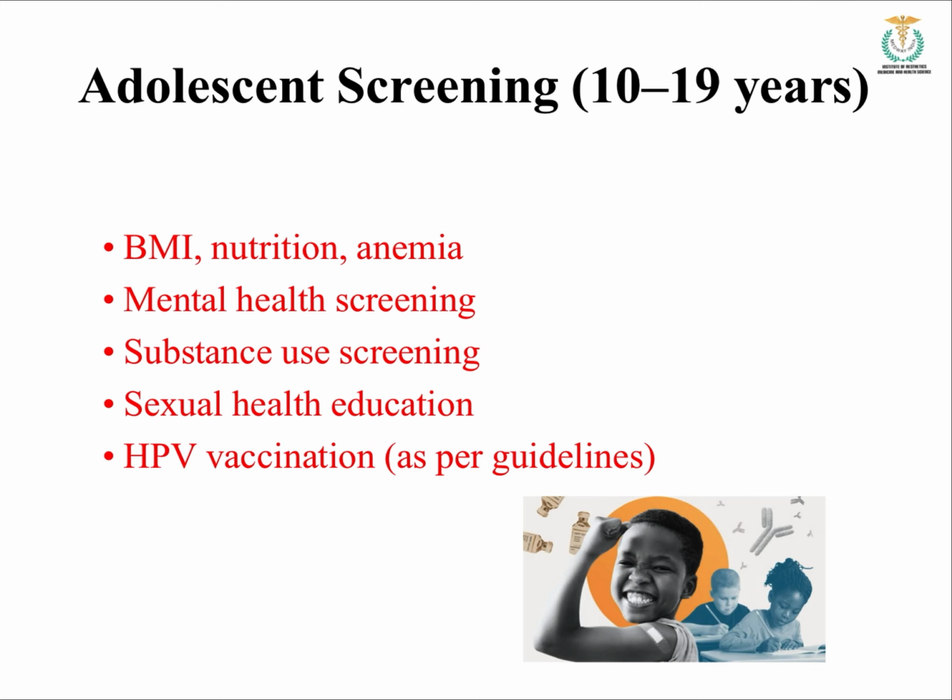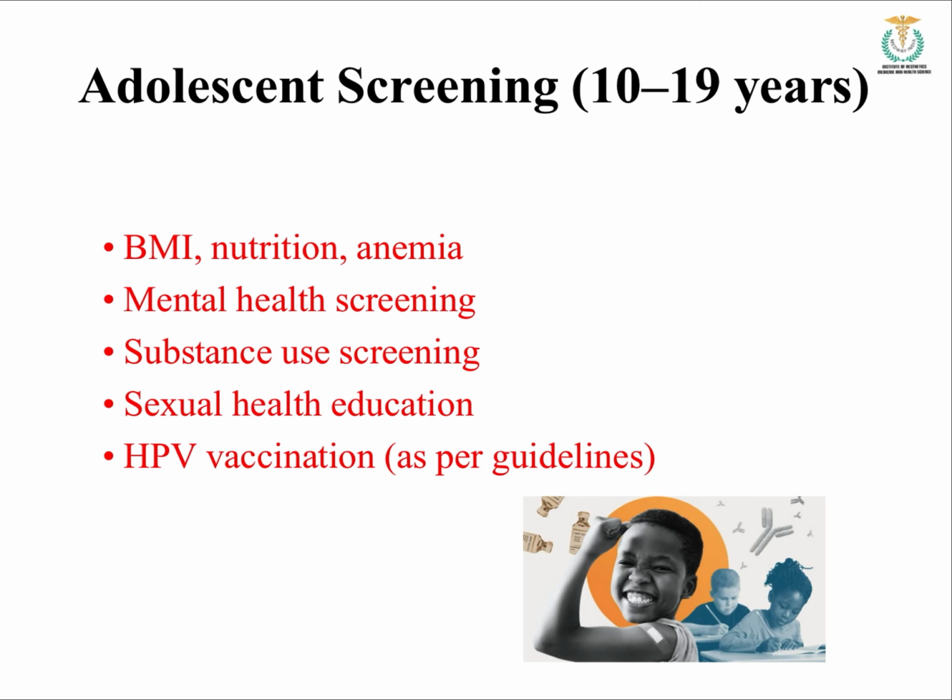Next comes the adult screening, from 20 to 39 years. In young adults, screen for BMI, BP, waist circumference, HbA1c, and lipid profile if it is risk based, and mental health screening and substance use assessment.